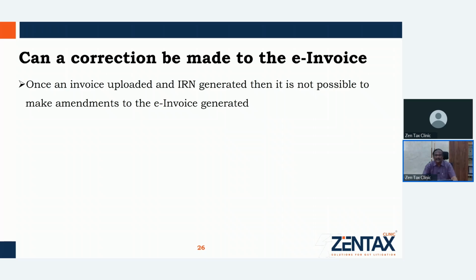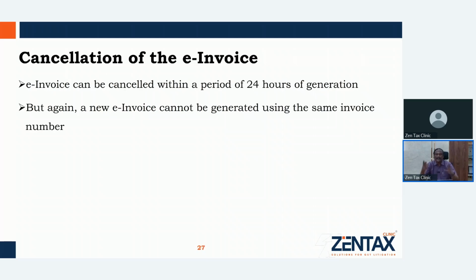For this purpose, be careful whenever you are going to generate an e-invoice. Most of the time the software takes care, but if somebody is going to generate it online through the portal, be careful. Once generated, it cannot be modified. So what is the remedy?